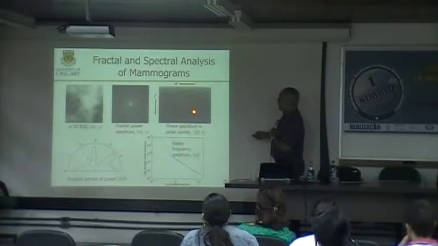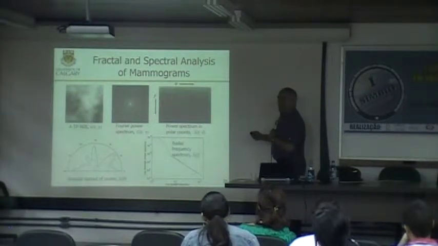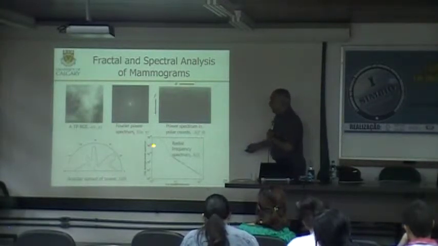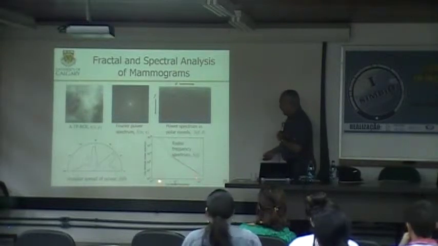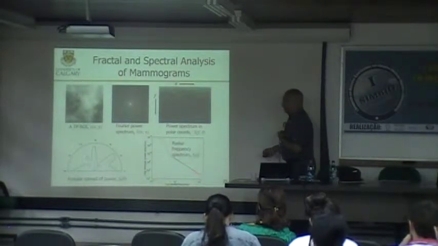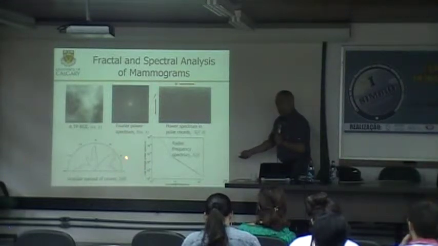When you convert to the angle and radial frequency, still I cannot see that. But when I convert to the radial distance spectrum and the angle part, and display the angle this way, 0 to 180 degrees, it's very easy to see. There is a broad distribution of power over angle.